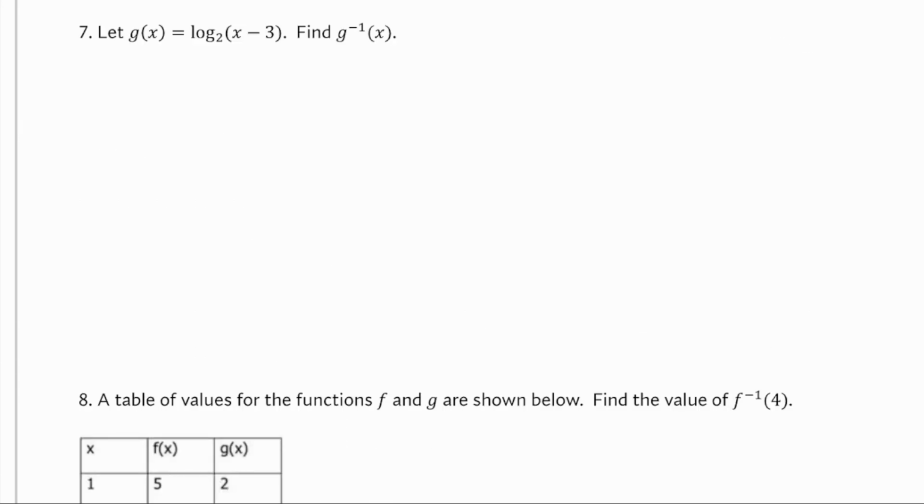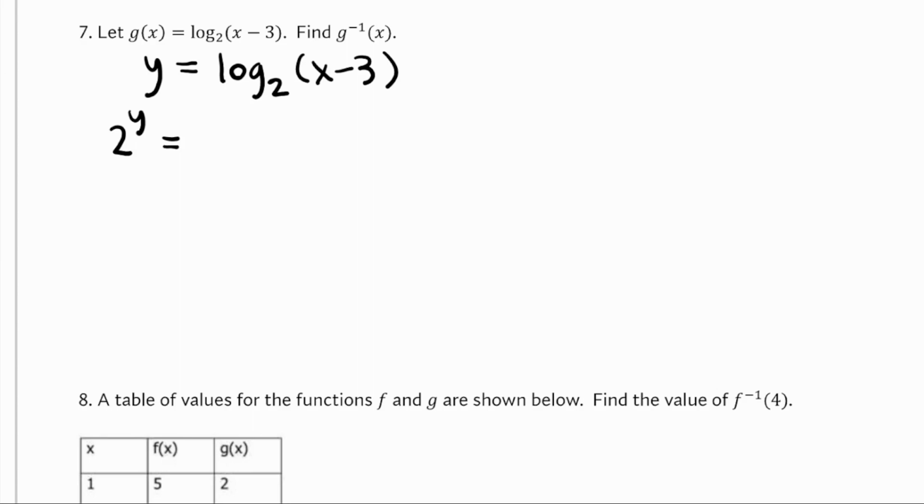All right, now if they ask us to find g inverse of x, we need to solve y equals log base 2 of x minus 3 for x, and then replace y with x. So start with y equals log base 2 of x minus 3. We need to know how to get rid of a log to access the x on the inside, where we need to take 2 to both sides' power. So I'm going to say 2 to the y equals 2 to the log base 2 of x minus 3.